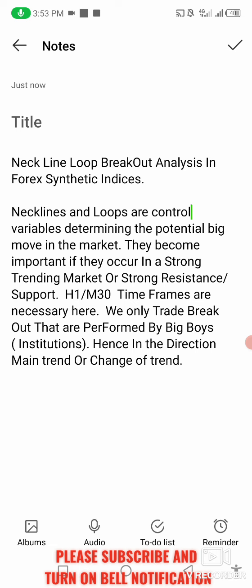Okay, the H1 and M30 time frames are necessary here. So you actually identify these breakouts in the 1 hour or M30 time frame, despite what the higher time frame is saying. Actually, you can identify them in the 1 hour or 30 minutes, but most times you can deploy the H4 time frame so that you will get a highly filtered signal.